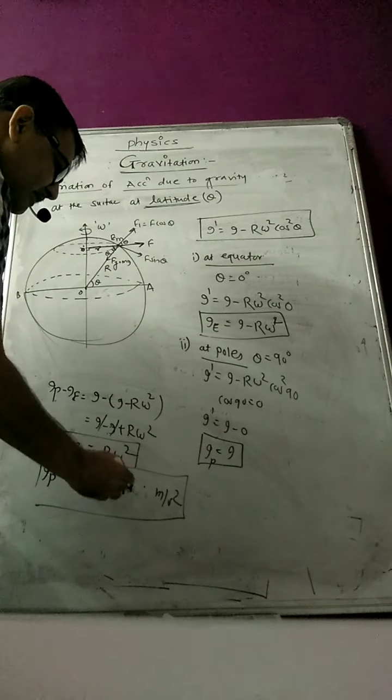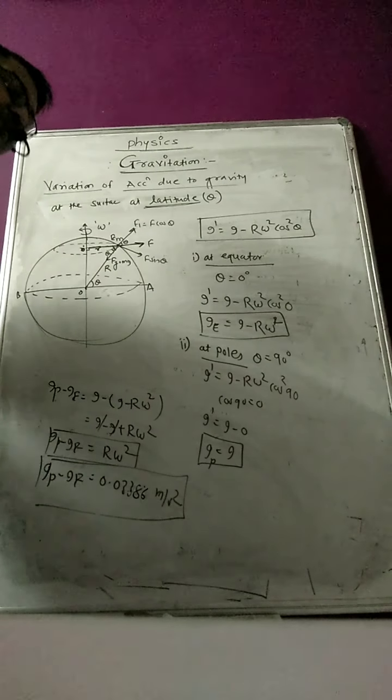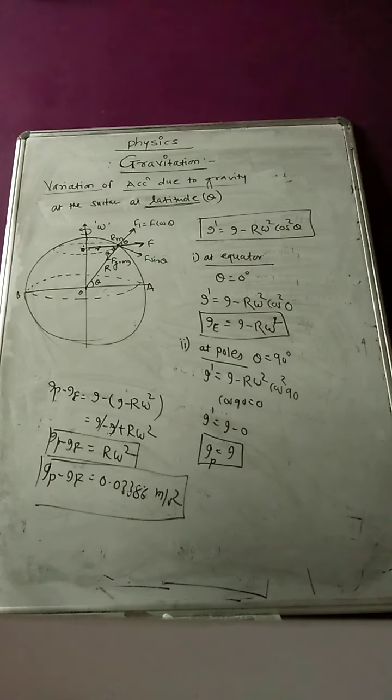Okay, so that will be the change in acceleration due to gravity on the poles and the equator. So that we have calculated.